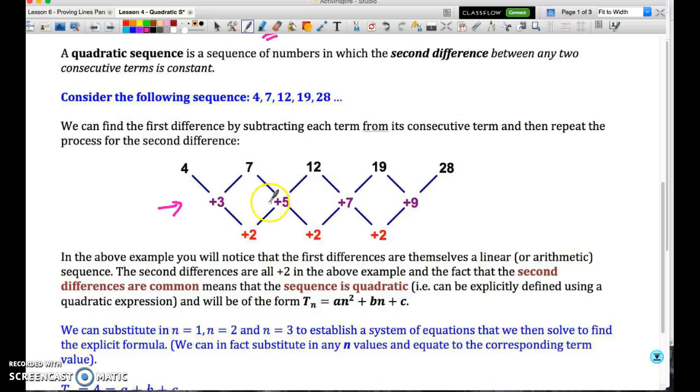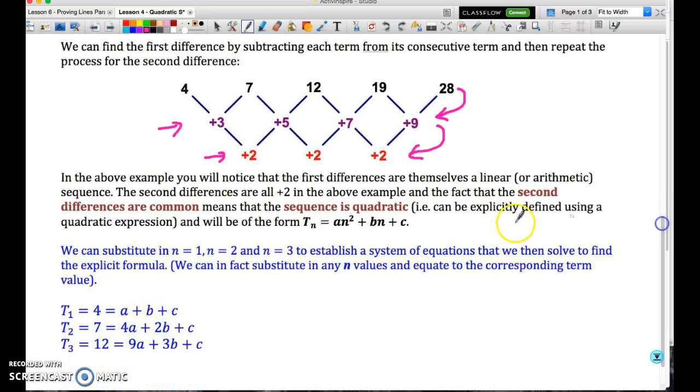But what you should also be able to see is that actually the row of first differences are themselves an arithmetic sequence, and if we were to find the second differences, they yield a common constant term. In this particular case, that term is plus 2. And so what this allows us to know is that the first differences are not constant, but the second differences are. And so what we have here is a sequence which can be explicitly expressed in quadratic form.